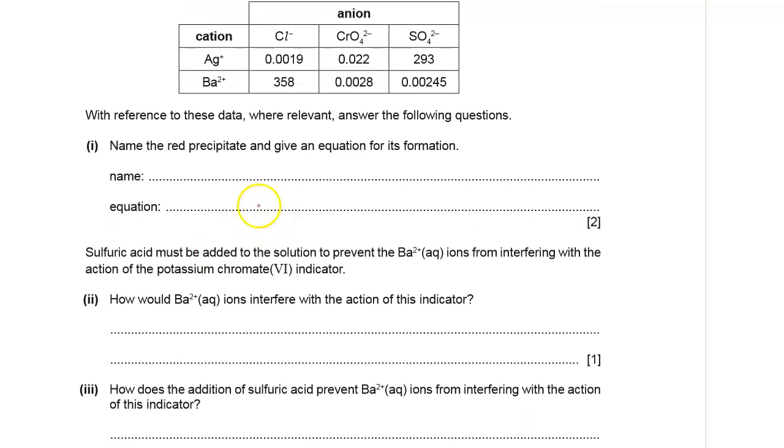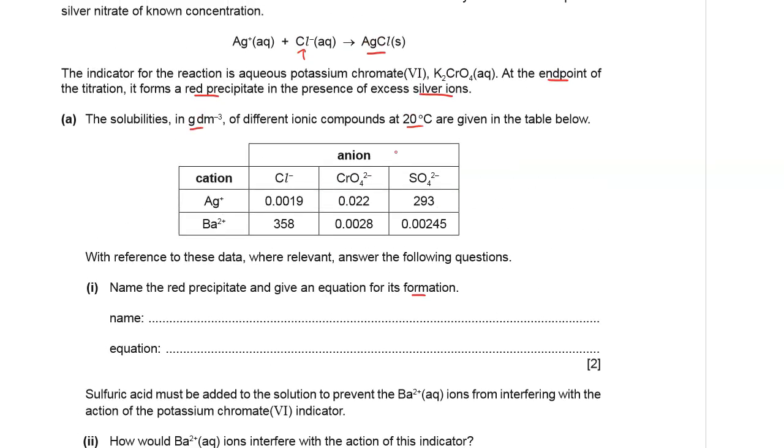Name the red precipitate and give an equation for the formation. The red precipitate is formed when silver ions react with the potassium chromate to give us silver chromate. So the red precipitate is silver chromate(VI).